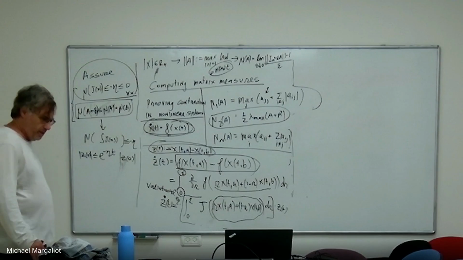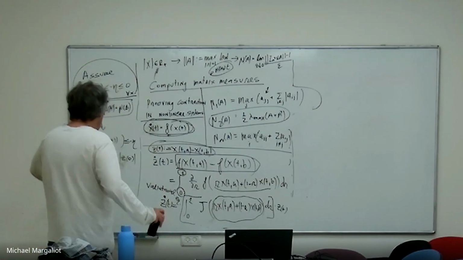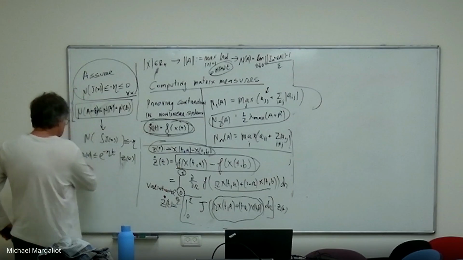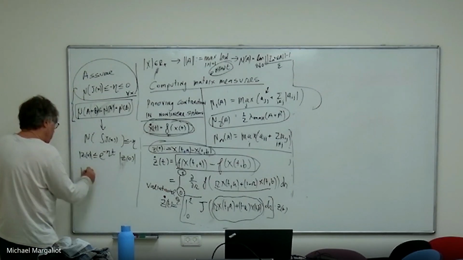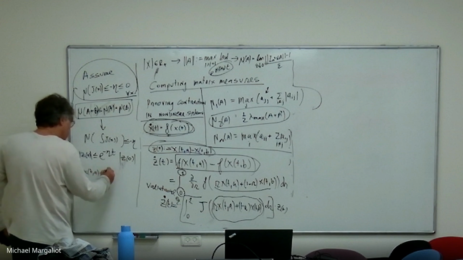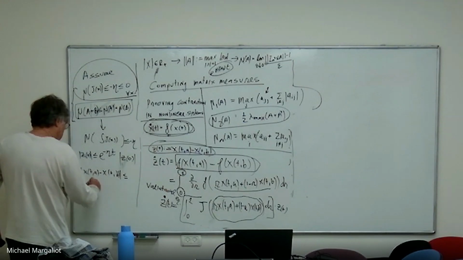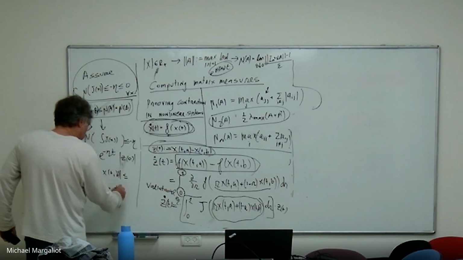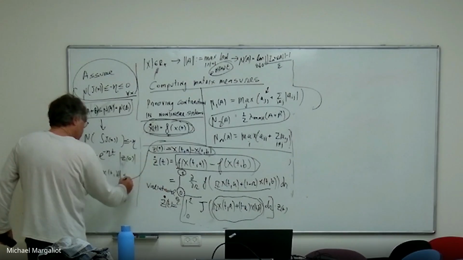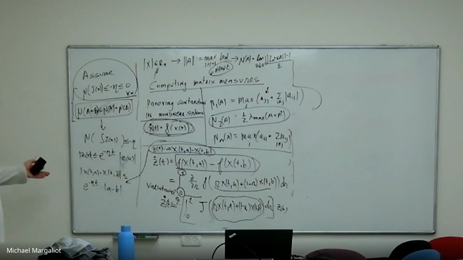So, what is the bottom line? What is this? This is exactly what I needed. This means x_t(a) minus x_t(b) is smaller or equal to e to the minus eta t times a minus b. By the definition of z, I use now the definition of z, and then I get this.